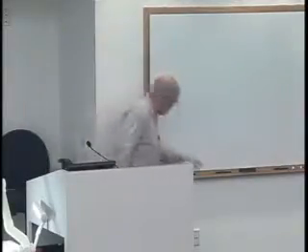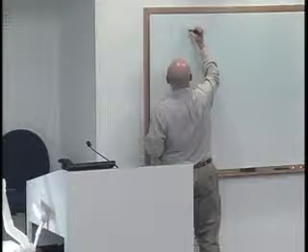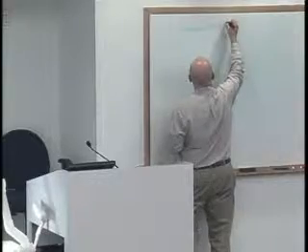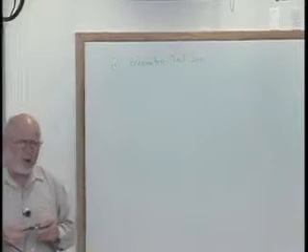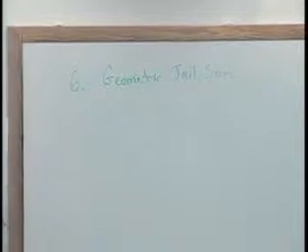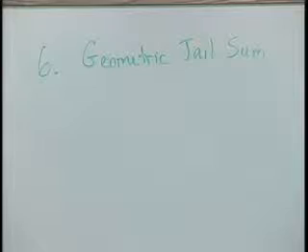Okay, we're back in business on topic number 6, which I have called geometric tail sum. We've already done a number of examples involving the geometric distribution. Two of them are you keep rolling a die until you get a 6, or Fido keeps encountering the postman until Fido finally bites the postman.